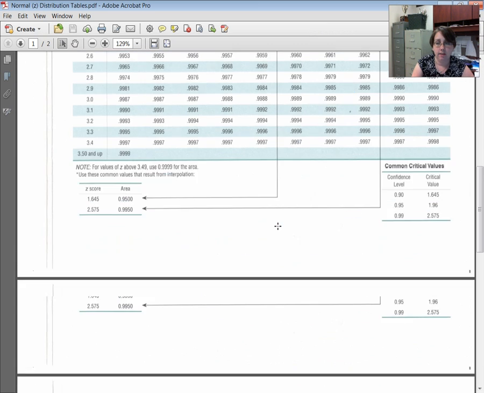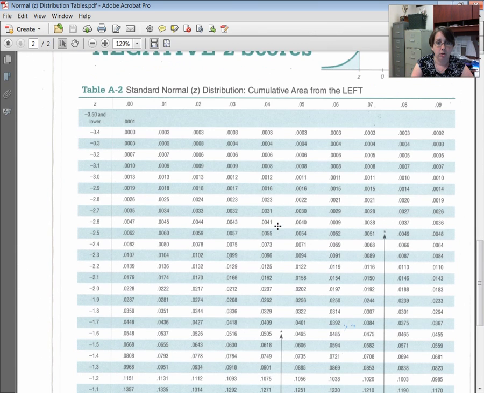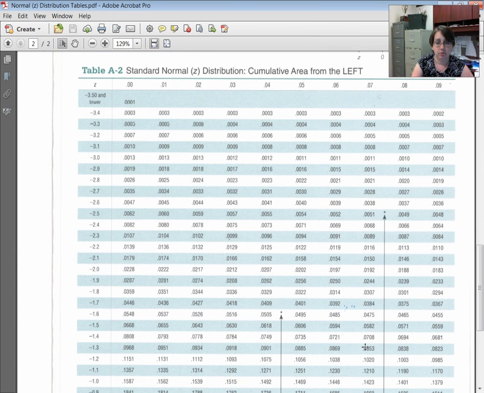Alright, so let's go to the negative, and we're going to look up an area of 0.025. Remember, in the z table, your area is in the middle. So our area is 0.025. Right there. So let's find our z-score. Go up and go across. So negative 1.96.